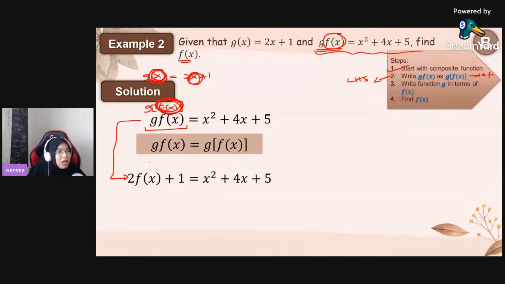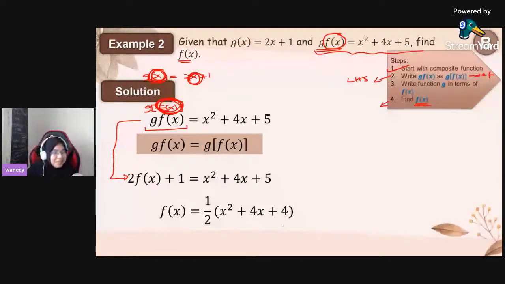Okay, so now we are going to make sure we have f(x) as the subject. So this is the fourth step. We are going to make f(x) the subject. So I will have to deduct 1 and then divide everything by 2. So f(x) will become half of x squared plus 4x plus 5 minus 1, right?